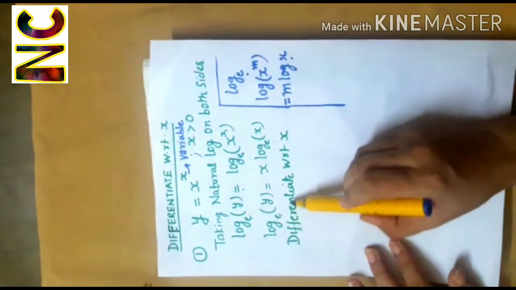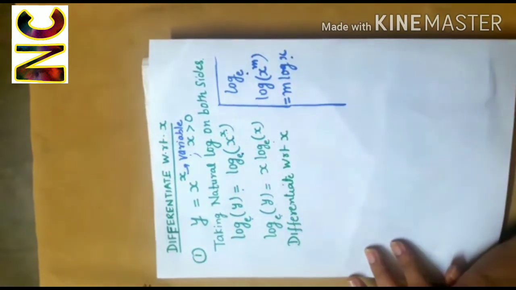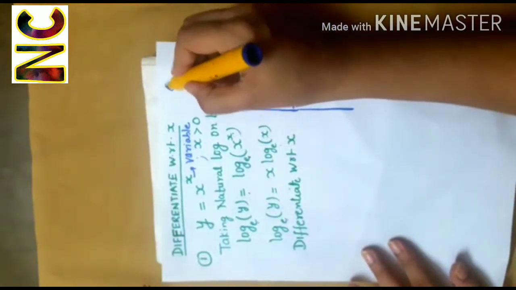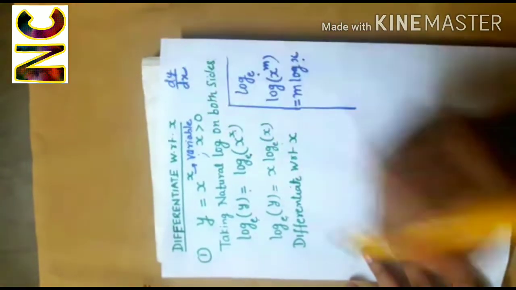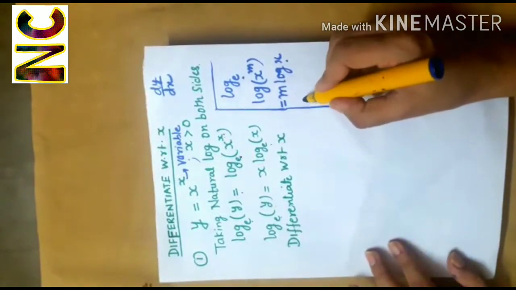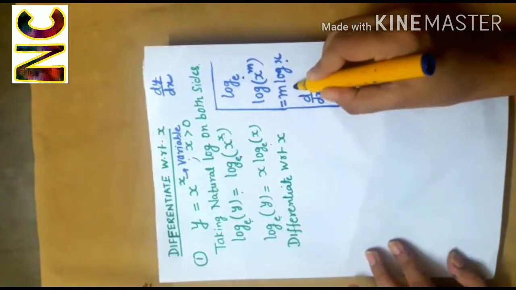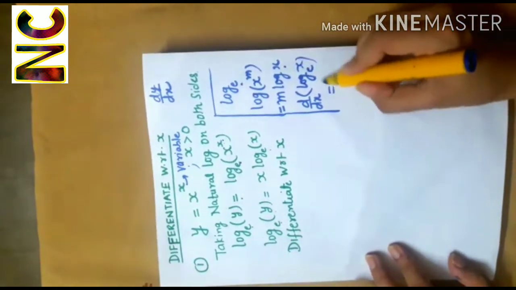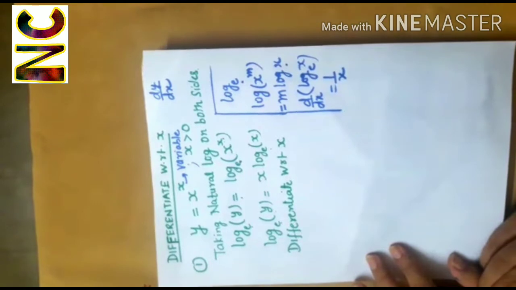Now, we differentiate both sides with respect to x because I need to find dy by dx. We learned that the derivative of natural log x is equal to 1 by x.